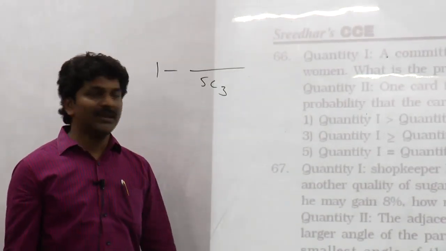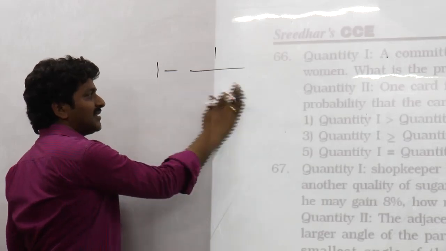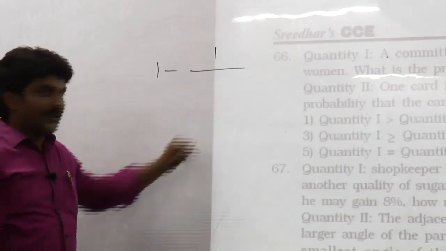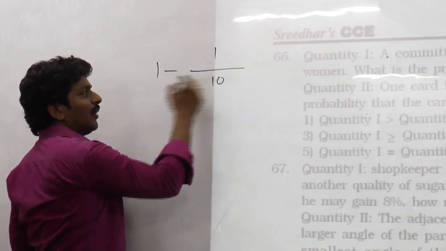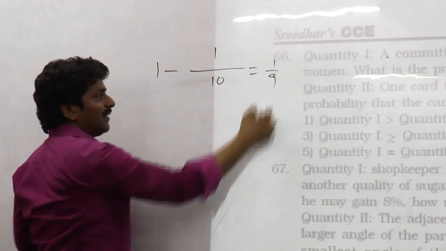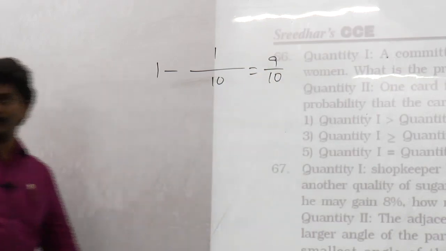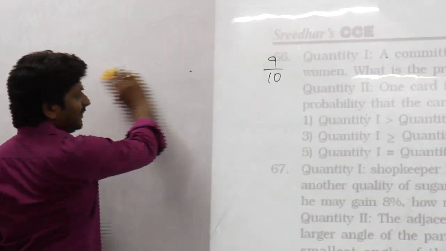How many male we have? 3. You can do that in 3C3 ways, which is 1. 5C3 or 5C2, one and the same. So 5 into 4 by 2, that is 10. 1 minus 1 by 10, that is 9 by 10. Right? So quantity 1 is 9 by 10.